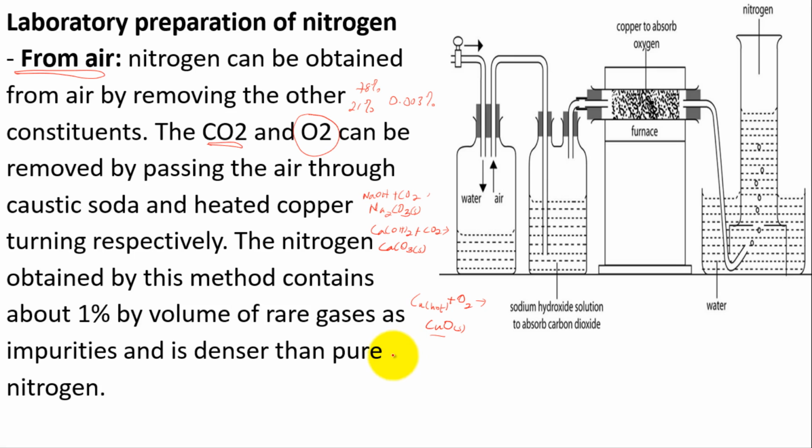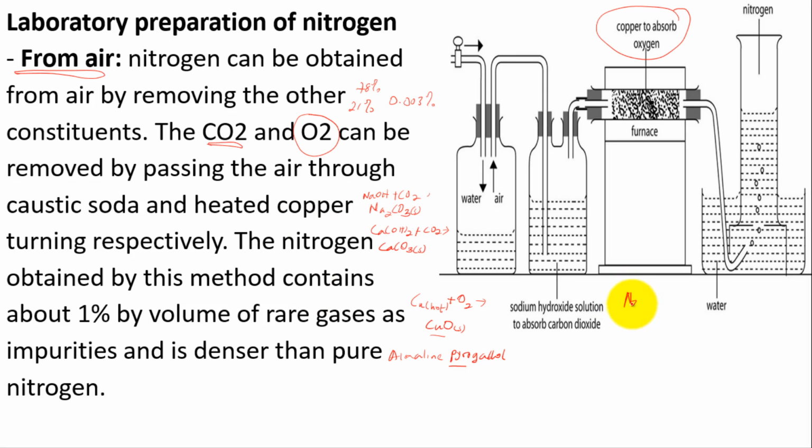In this case, you trap it, or use alkaline pyrogallol. Therefore, here basically we use a heated copper turning. The heated copper turning will absorb the oxygen to form what we call copper oxide. And aside from it, the real nitrogen is left.